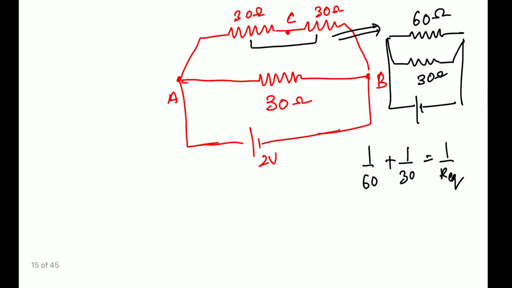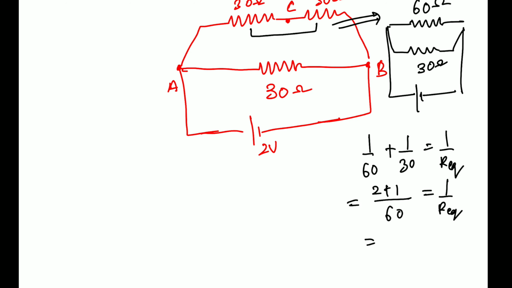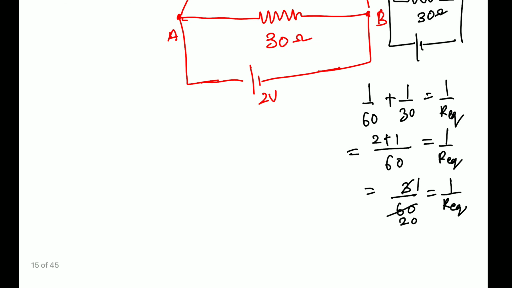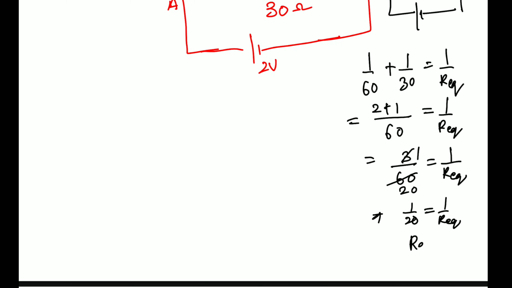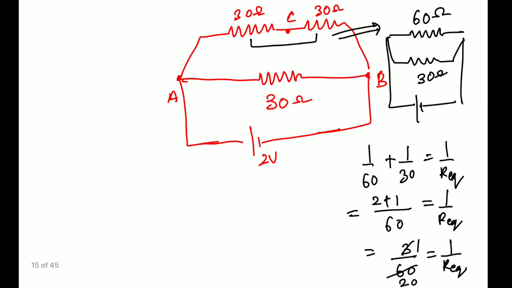This becomes 1 plus 2 over 60, or 3 upon 60, equals 1 upon R equivalent. 3 twenties are 60, so 1 upon 20 equals 1 upon R equivalent, or R equivalent is equal to 20 ohm.